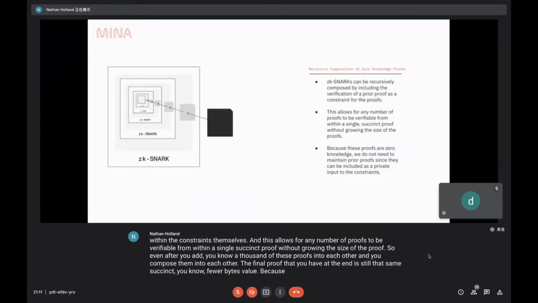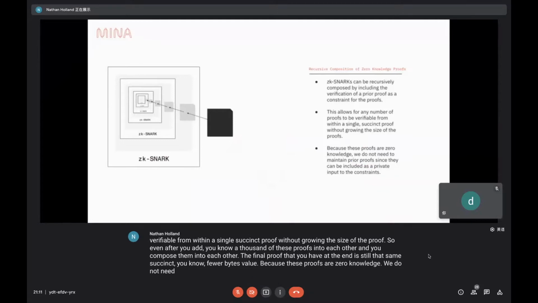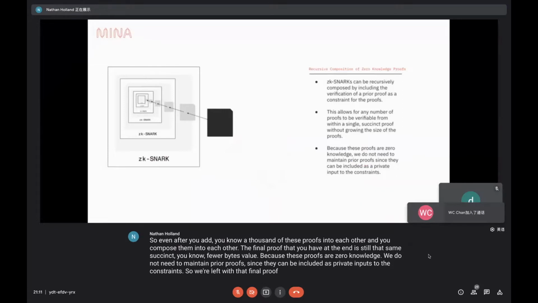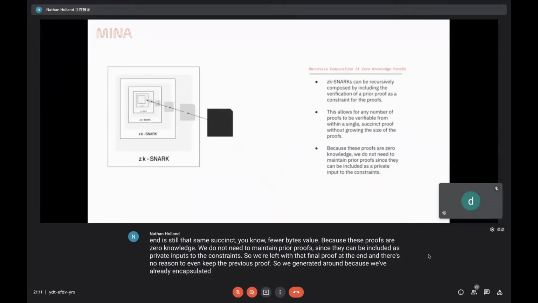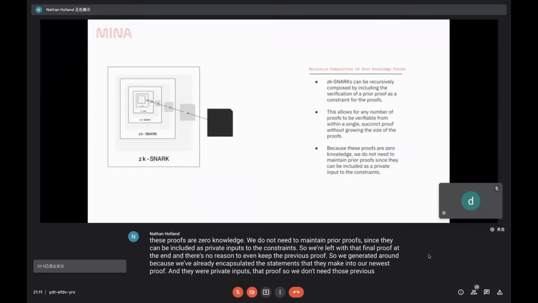Because these proofs are zero knowledge, we do not need to maintain prior proofs since they can be included as private inputs to the constraints. So we're left with that final proof at the end, and there's no reason to even keep the previous proofs around, because we've already encapsulated the statements that they make into our newest proof, and they were private inputs to that proof, so we don't need those previous proofs to verify the most recent proof that we have.